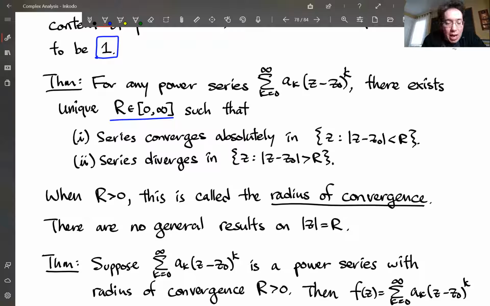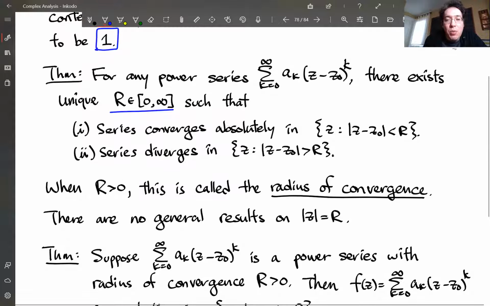Actually, anything could really happen on the radius itself. If the modulus of z minus z naught is exactly equal to r, it's possible that it could converge, it could diverge, it could converge not absolutely. It could converge for some values and not converge for some other values. So any combination of these things could happen. But if you're within the radius, it always converges absolutely. And outside of the radius, it diverges for sure.